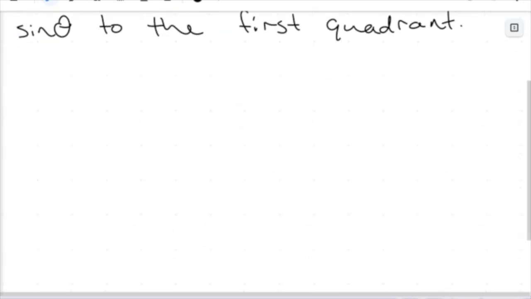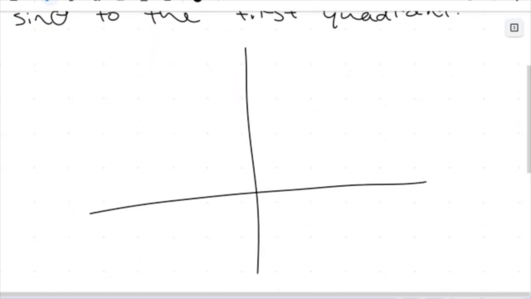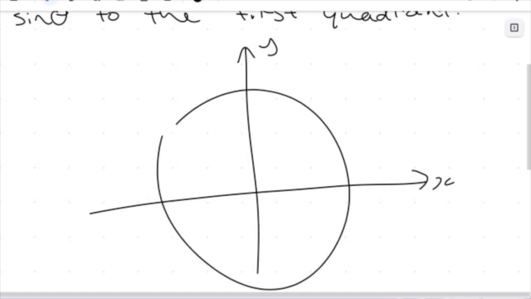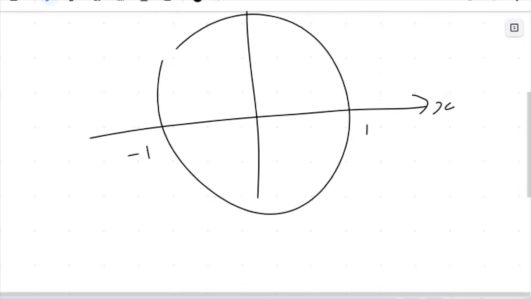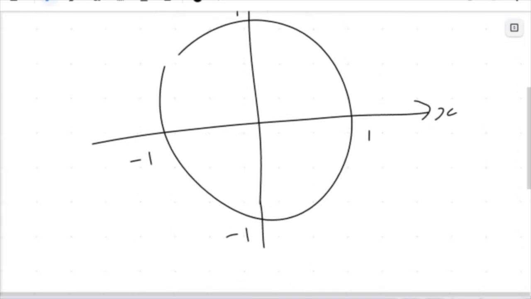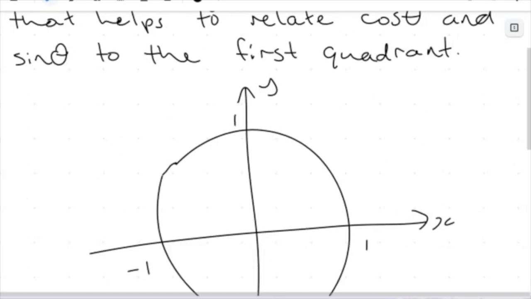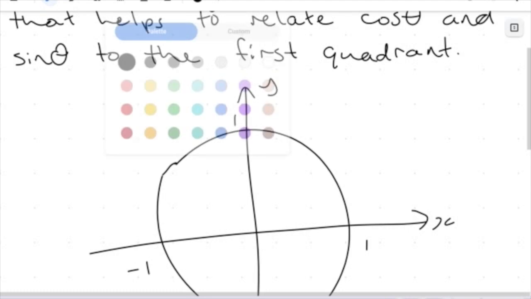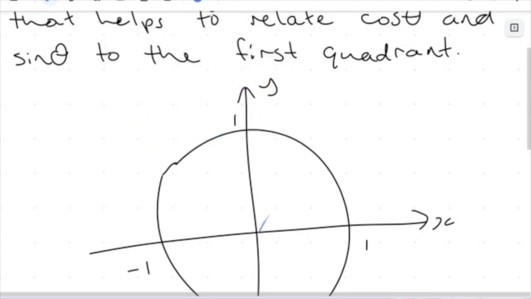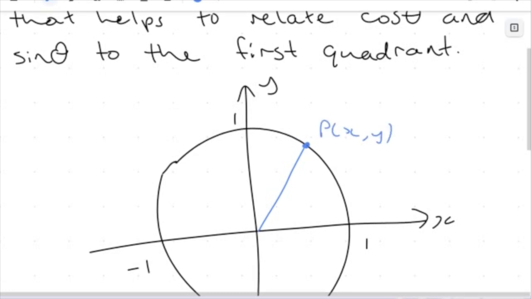Now if I draw a unit circle here, my y-axis, my x-axis, I have my unit circle, 1, 1, -1, and down here I have -1 as well. In my first quadrant, if I, for example, draw some line out to some arbitrary point xy, we can construct a right angle triangle.